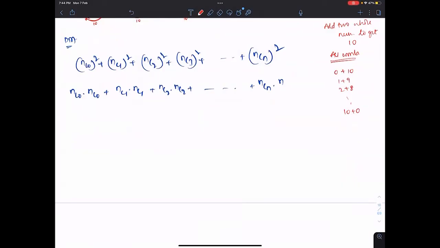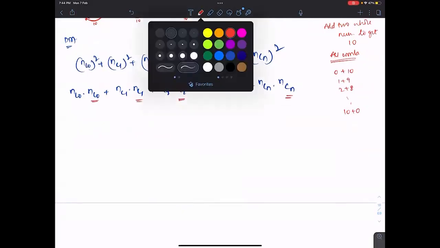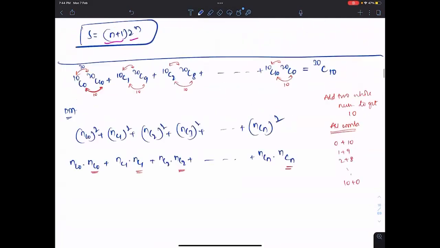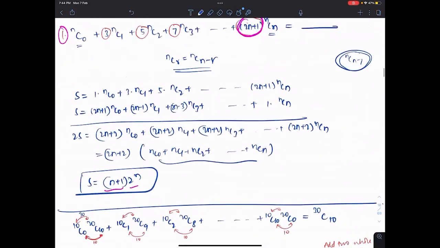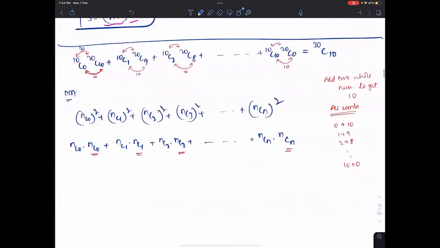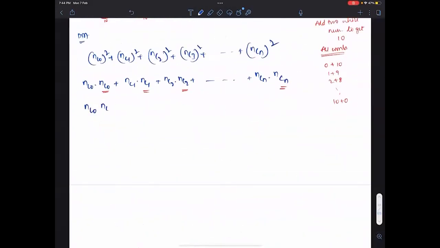Let us underline the second terms, or the first terms, it doesn't matter. If I underline the second terms, for the second term you use this formula: NCr equals NC(n minus r). So it will become NC0 NCn plus NC1 NC(n minus 1), NC2 NC(n minus 2). Are you seeing something now?